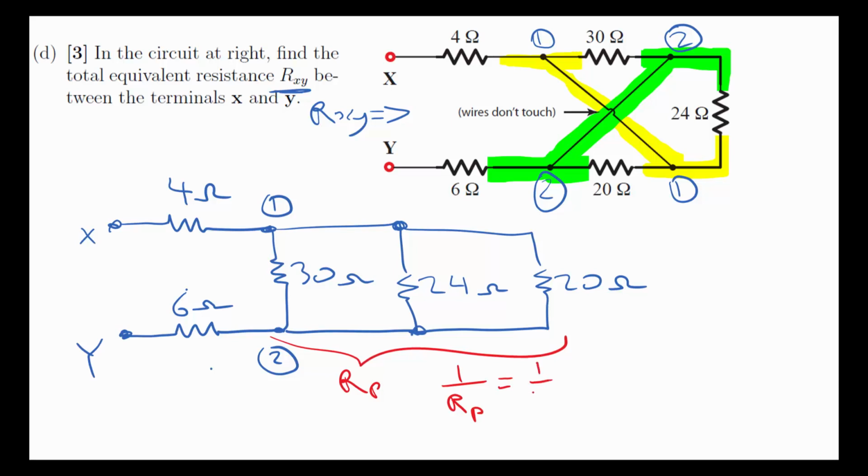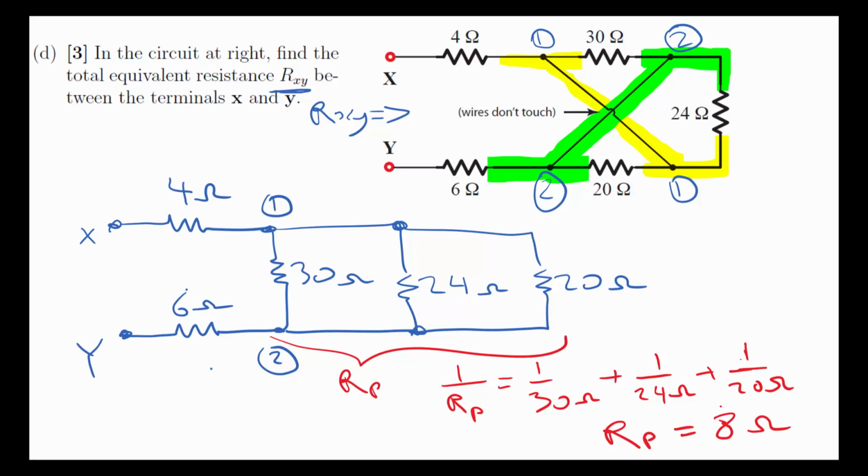So 1 over 30 ohms plus 1 over 24 ohms plus 1 over 20 ohms. Then if we solve for Rp, we find that that is 8 ohms.